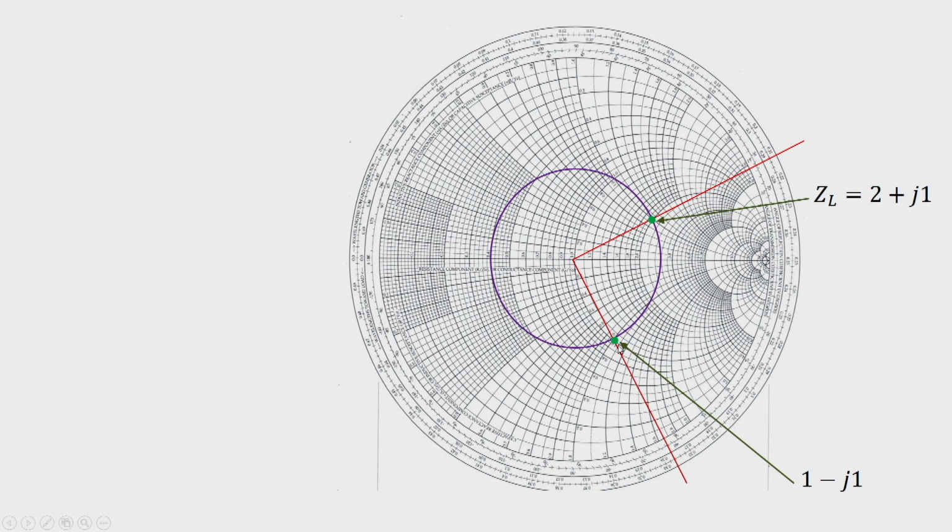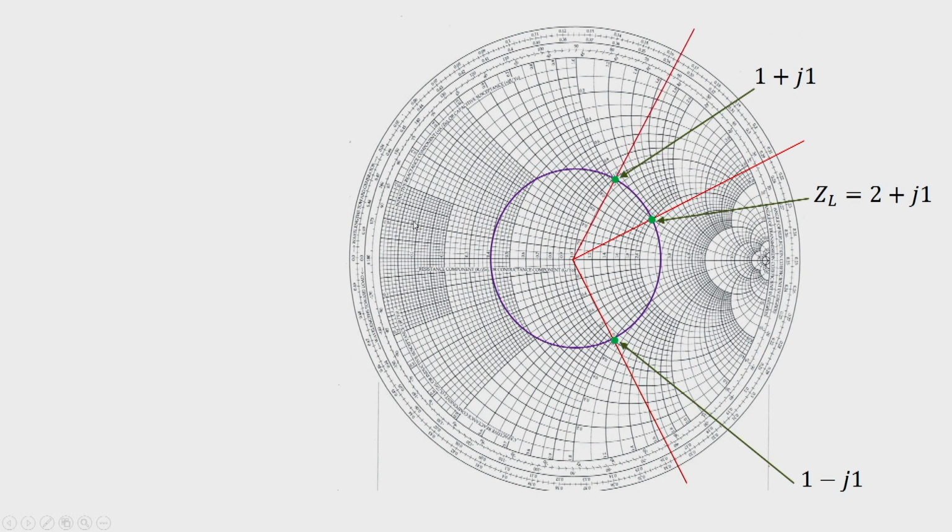And at this point we find that the input impedance is 1 minus j 1. So, in order to do the matching for this point, we need to add 1 plus j 1. If we continue our journey this way, we find that we intersect the r equal to 1 circle once again at this point, which is given by 1 plus j 1.